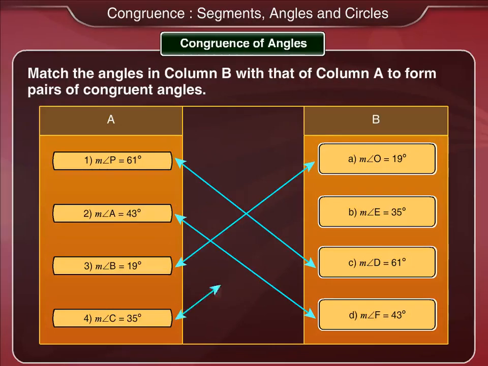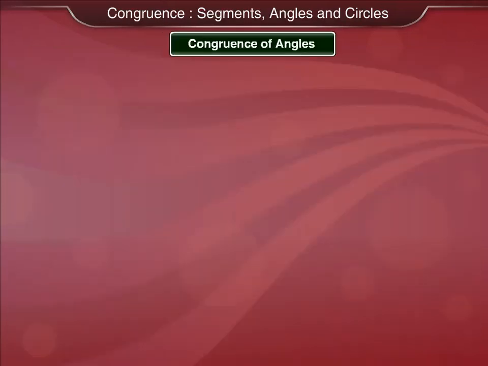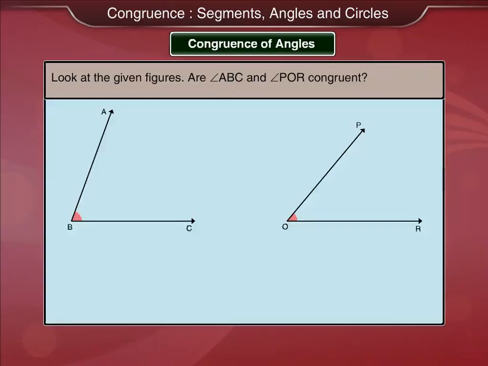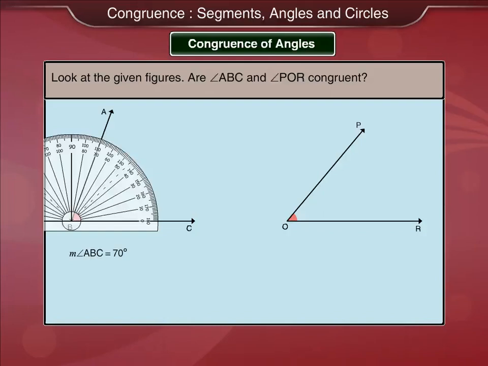Look at this clock. 1. What time does this clock show? It's 3 o'clock. 2. What is the measure of the angle between its two hands? It is 90 degrees. 3.